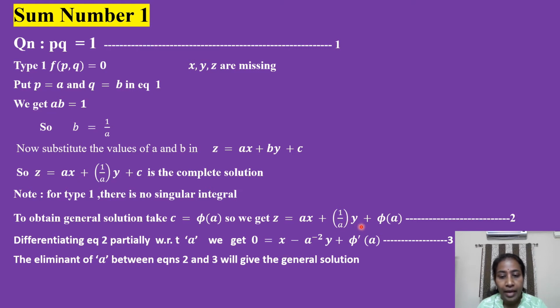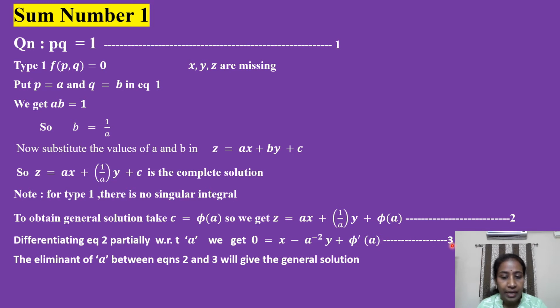And here 1 by a into y, I write this 1 by a as a inverse and then differentiate. So a to the power of minus 1 when differentiated becomes minus 1 into a to the power of minus 1, which is a power minus 2 with a minus sign. So x minus a power minus 2 into y plus phi dash of a. Because I am differentiating phi of a with respect to a, it becomes phi dash of a.